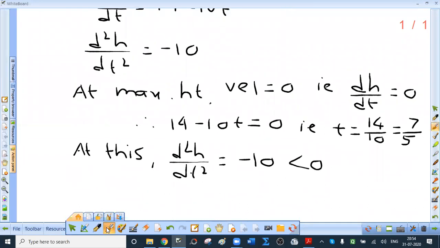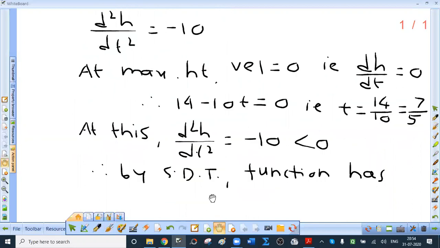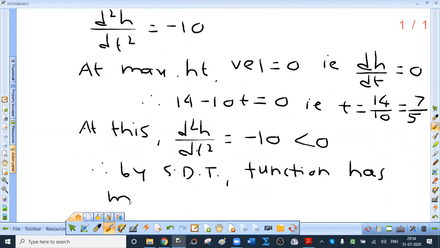But before that, you have to say, therefore, by second derivative test, function has maximum at, not x, I'm sorry, variable here is time, t, at t equal to 7 upon 5.